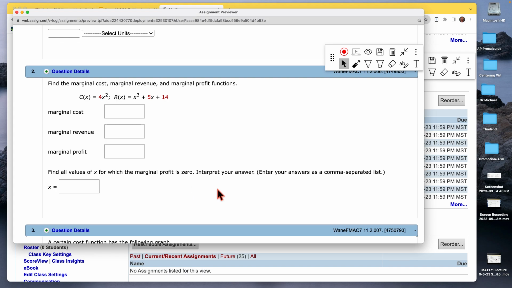Once we get the marginal profit, how do we find which values make it equal to 0? Take that function, set it equal to 0, solve for x. And in this case, it actually looks like it will be a quadratic function. So you might have to do a little bit of work. You might need a graphing calculator to find those x-intercepts, right?